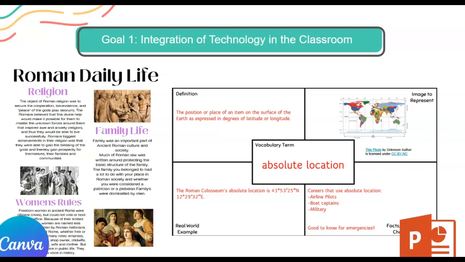The other example was doing a slide deck on PowerPoint where students were able to use vocabulary words and terms where they normally would have just done an index card, but this time they were able to use it in a way that helped all types of learners to show that they understand what the vocabulary terms mean by using images to represent them as real-world examples, as well as other facts and important characteristics about that vocabulary term.